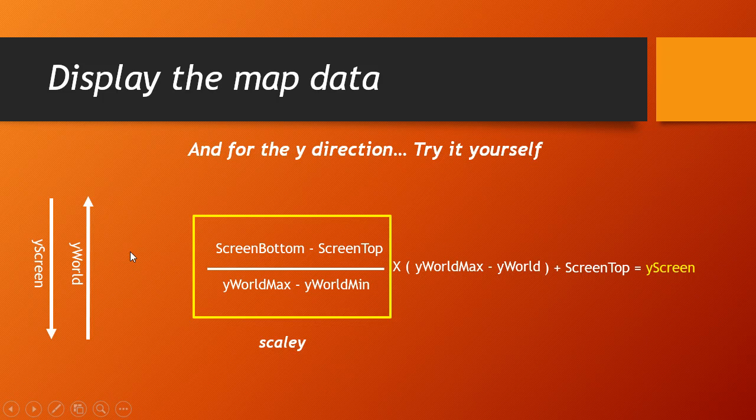If you make your deduction yourself, I have one hint here, because in the y direction from top to bottom, the y screen value increases, but for the y world value, for the latitude value in the y direction, the value increases in this direction from bottom to top.